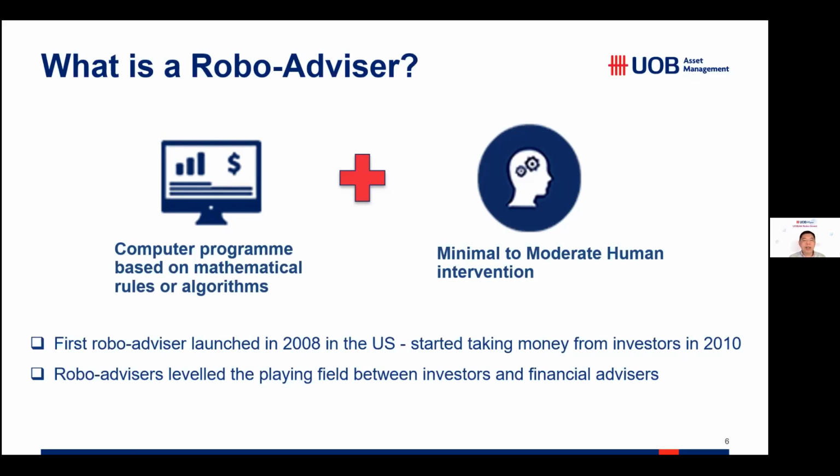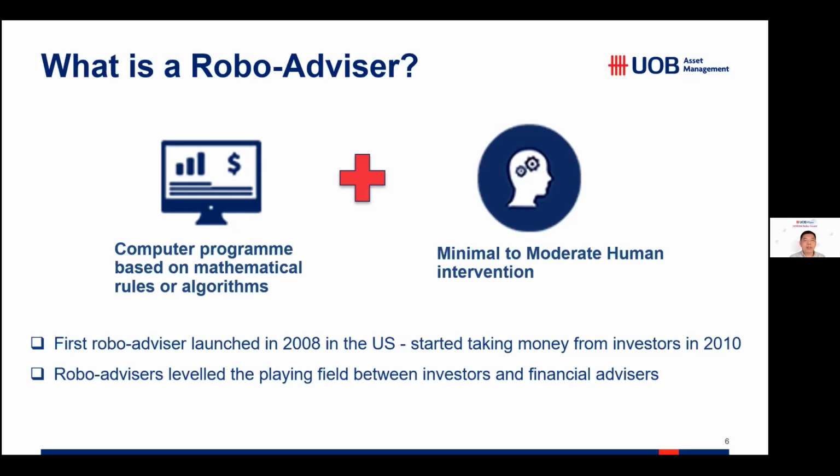It's just that it used to be used by financial advisors to design clients' portfolios for them. But with robo-advisors, it leveled the playing field between investors and financial advisors, democratizing the playing field in terms of now consumers and investors can themselves use the tool to design their own portfolio.